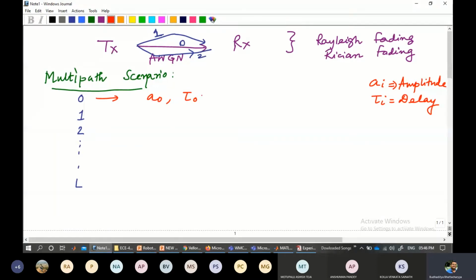Suppose A0 and tau 0 are the amplitude and the delay of the 0th path. Similarly, for the 1st path it will be A1, tau 1.